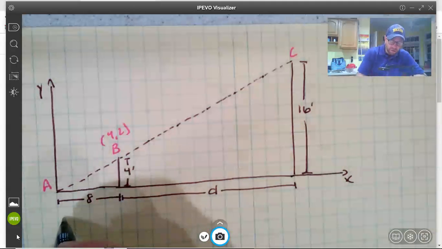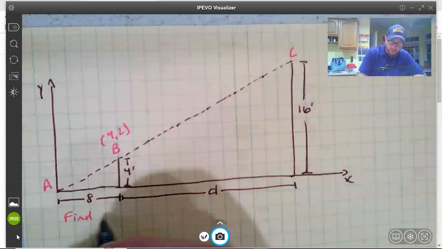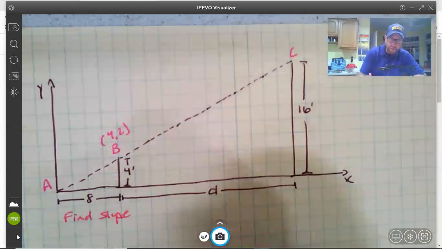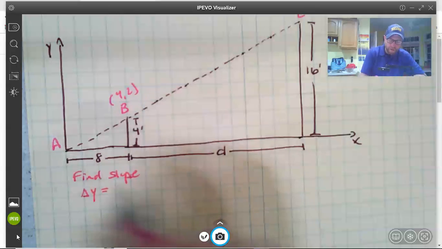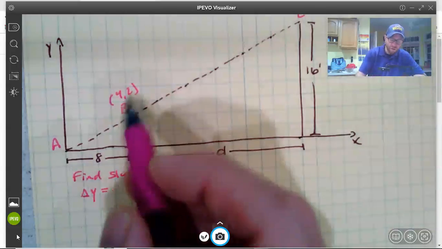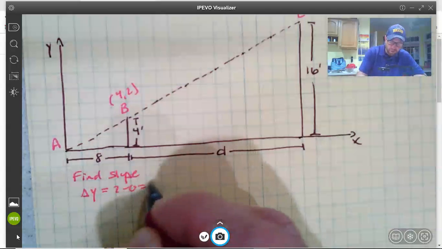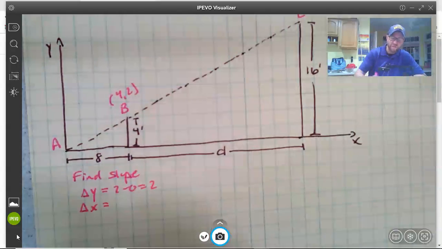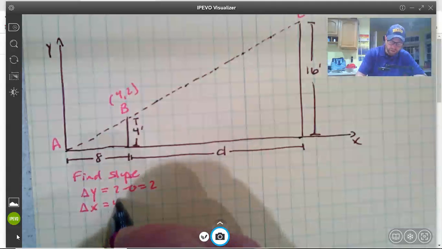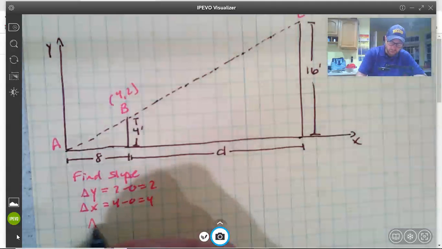So first, find slope. Change in y, end minus start. 2 minus 0 is 2. Change in x, end minus start. 4 minus 0 is 4.